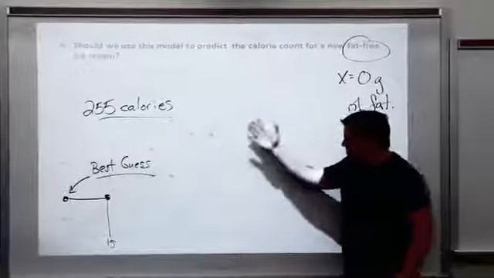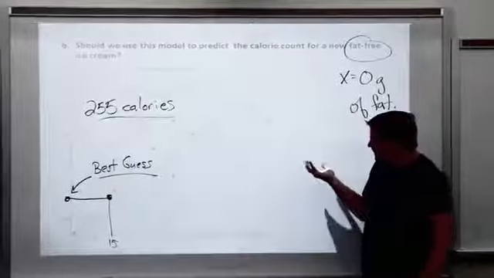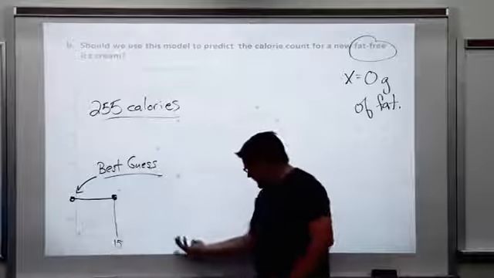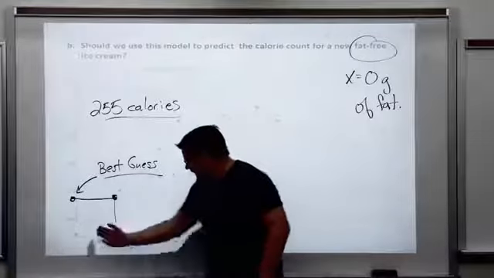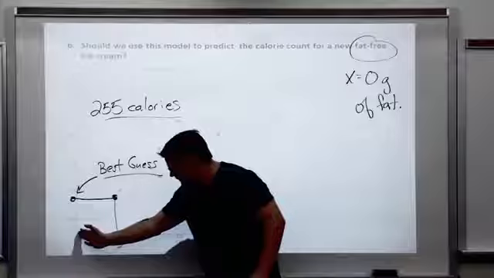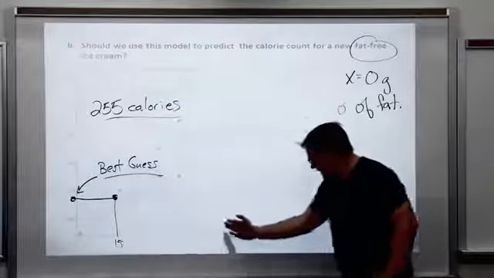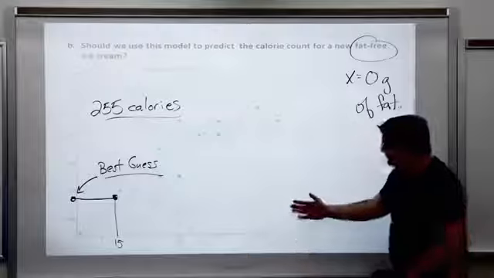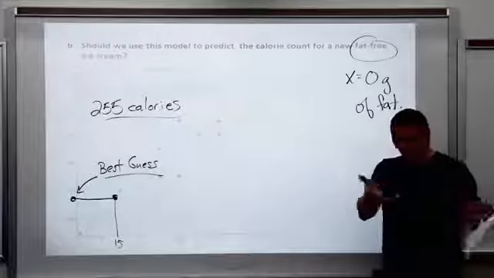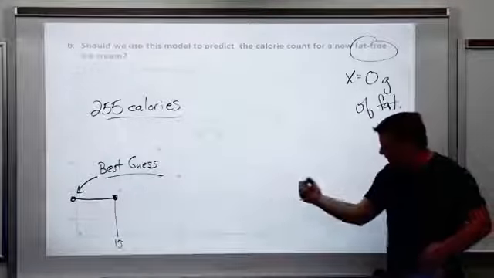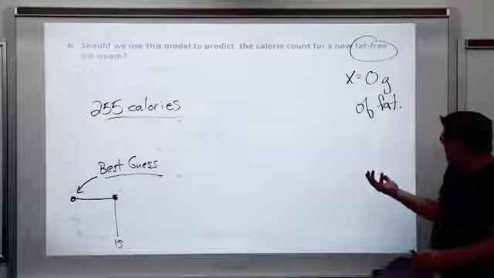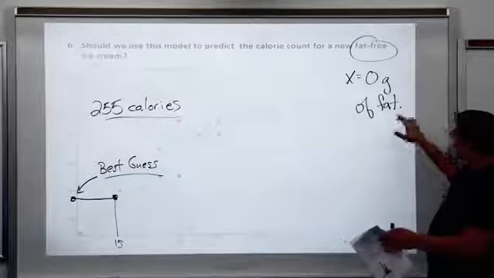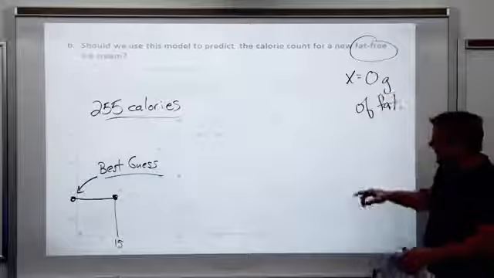I built this equation based on the data. Where do I have data in terms of x, in terms of fat? The least amount of fat in any of these ice creams is about 13 grams, up to about 22 or 23 grams of fat. We only have data from about 13 grams of fat up to about 22, 23. We really should not be going to 0 grams of fat.